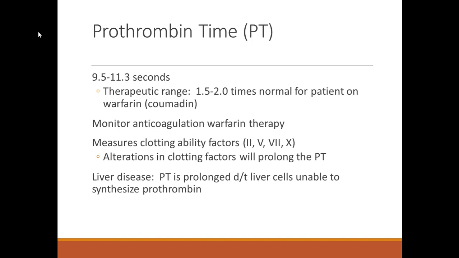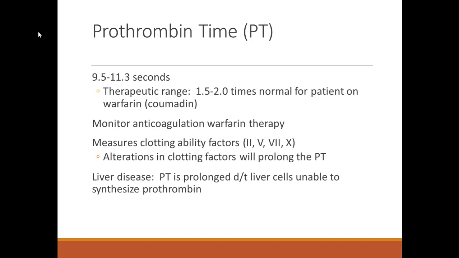What it does is it measures clotting factors 1, 2, 5, 7, and 10. Remember we talked about fibrinogen and prothrombin. Those are the clotting factors with the platelets. This is what it measures. Anytime there's issues with these clotting factors, 1, 2, 5, 7, and 10, that PT is going to be a lot longer.